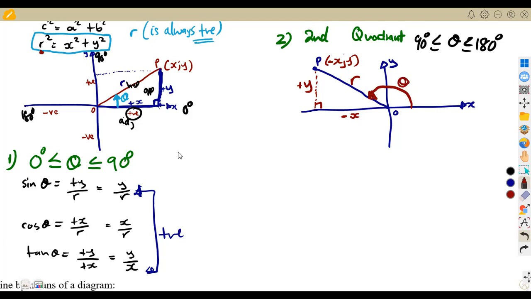But take note of what is happening. We are taking this theta into a right-angled triangle for our calculation. As we are calculating our ratios, we are using the angle that is inside this triangle, but we need to know which side is the opposite. The sides are taken according to this angle that we have here, which is actually your reference angle.